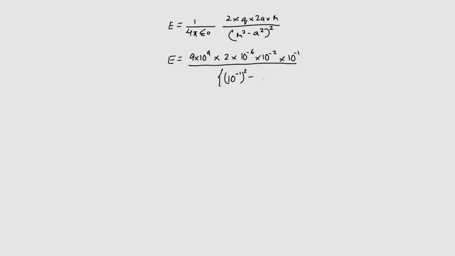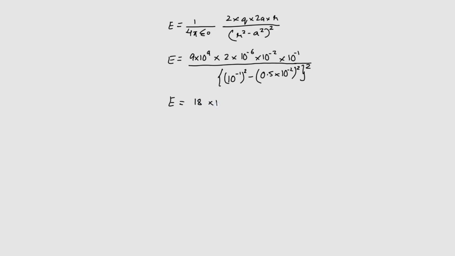Once again, 2A is equal to 1 centimeter, then A is equal to 0.5, in terms of meter 10 to the power minus 2, whole thing square.